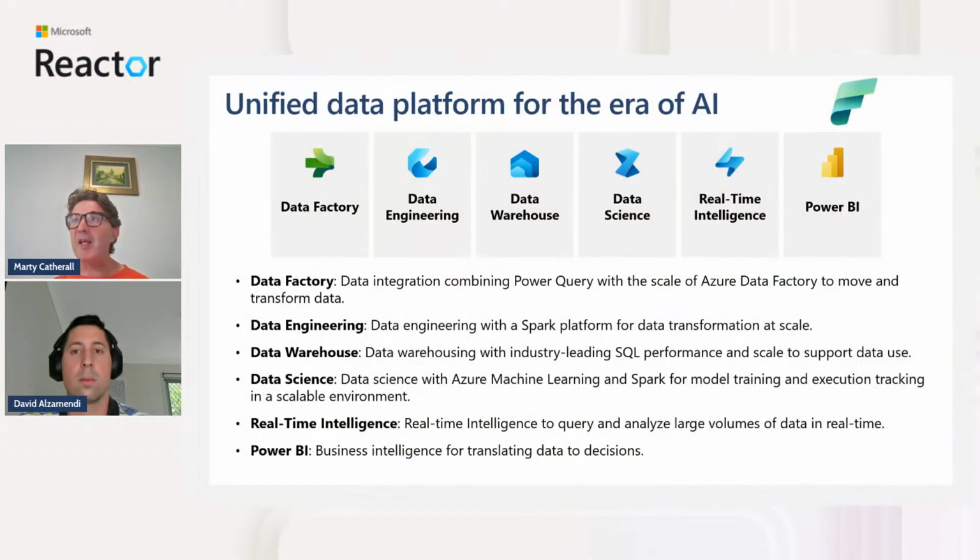So here we can see a layout of all the components or the experiences that make up Microsoft Fabric. We've got Data Factory over on the left-hand side. People have probably heard of Azure Data Factory and Synapse pipelines. Azure Data Factory came into Synapse pipelines. It's more or less the same thing.